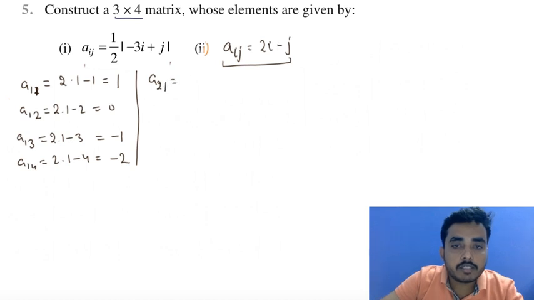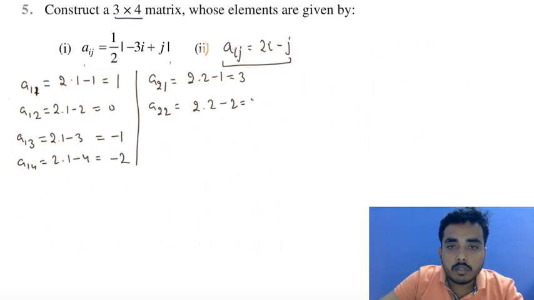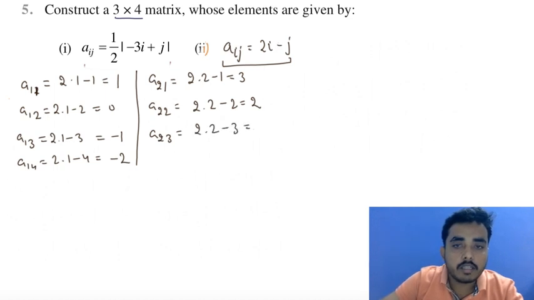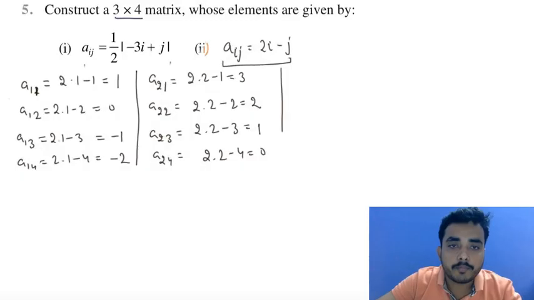A21 is 2 into 2 minus 1, which is 3. A22, 2 into 2 minus 2, which is 2. A23, this is 2 into 2 minus 3, which is 1. A24 is 2 into 2 minus 4 is 0.